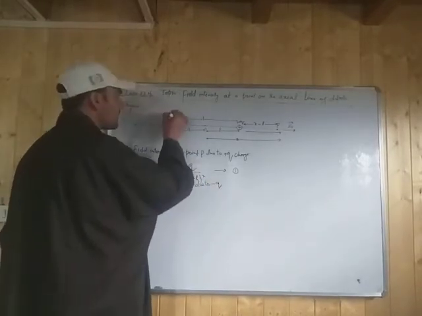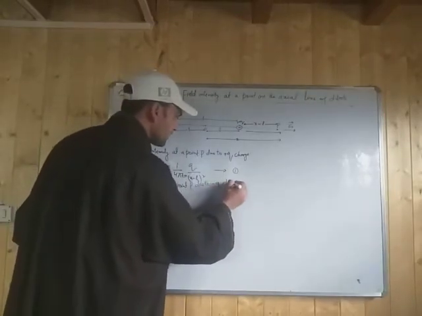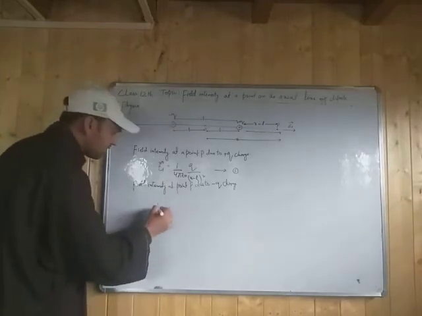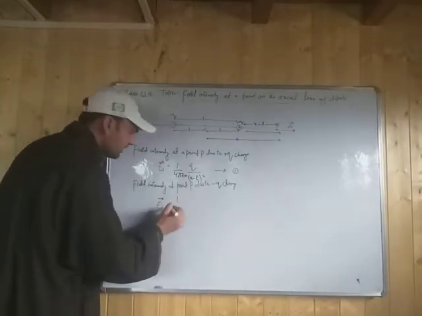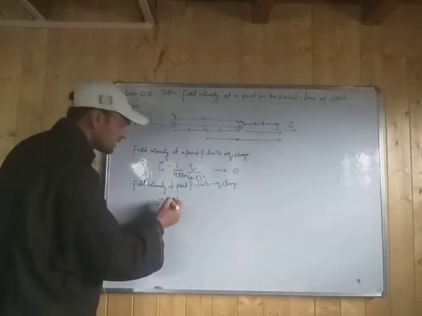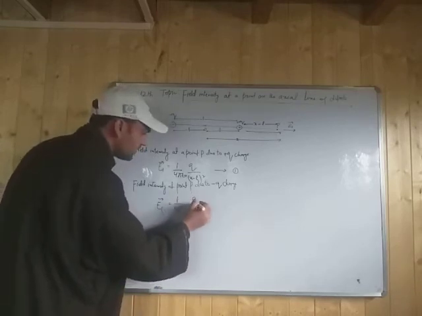We write E2 is equal to, similarly, this formula we have already calculated in the previous lectures, 1 divided by 4 pi epsilon naught, Q divided by.